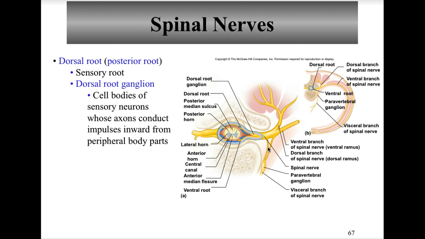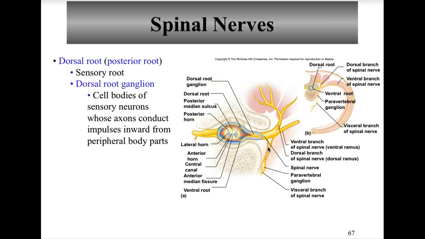Spinal nerves, as far as distribution, it is a short distance after passing through its intervertebral foramen. A spinal nerve branches into several branches. You have the posterior branch, or the dorsal ramus.